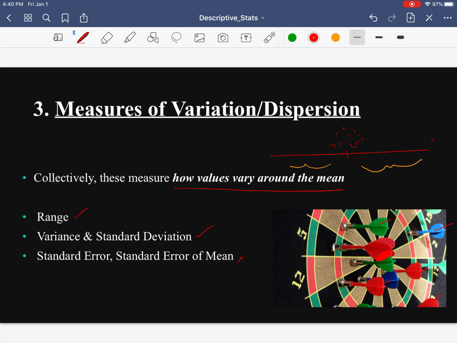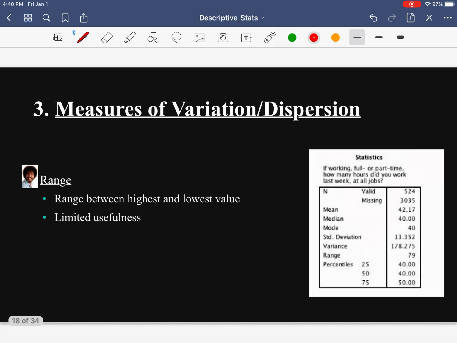If it was me, I would have a lot of the darts out here, and there would be more variation around the mean. Hope this is making sense to you. One example of a measure of variation, the simplest form, is the range. It tells you what your lowest value was all the way to what your highest value was.